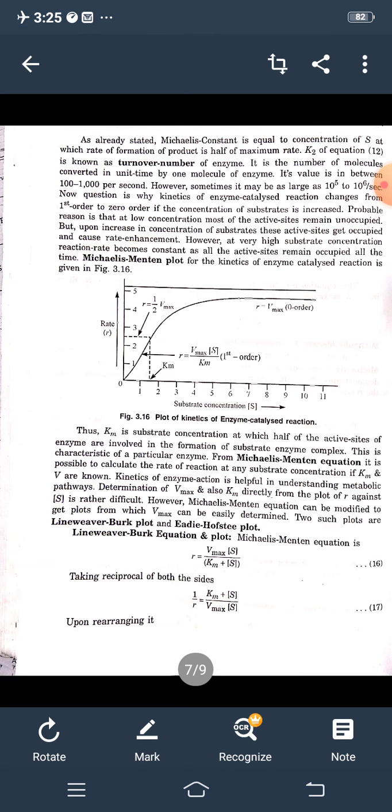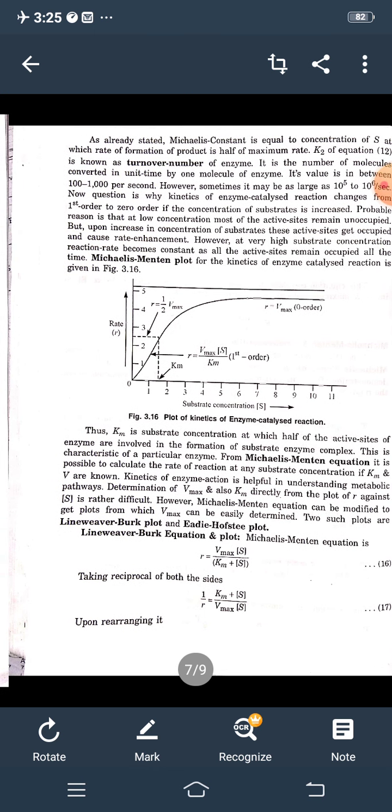K2 of equation 12 is known as the turnover number of enzymes. It is the number of molecules converted in unit time by one molecule of enzyme. Its value is between 100 to 1000 per second. However, sometimes it may be as large as 10 raised to the power 6 per second.